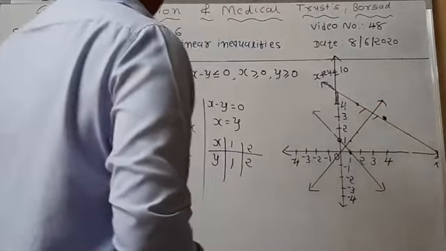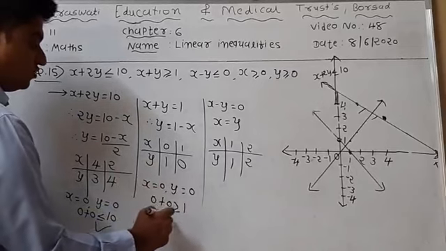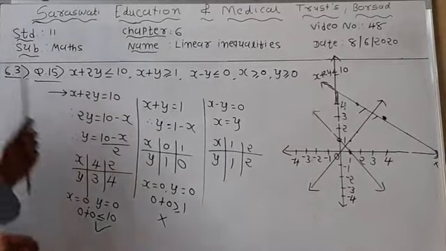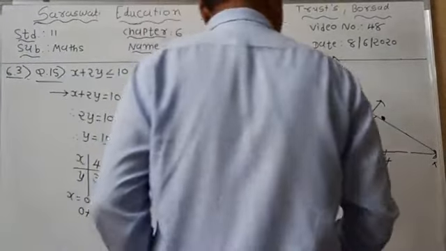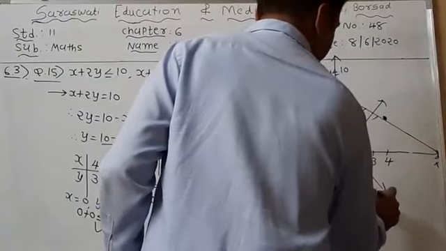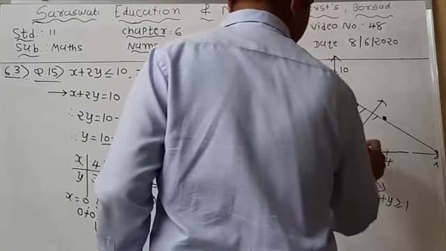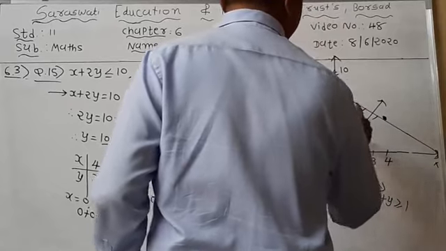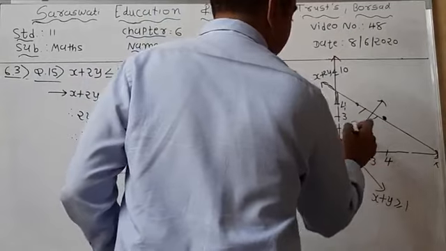Now in the second equation, with x 0 and y 0: 0 plus 0 greater than or equal to 1. This condition is wrong, so again x plus y greater than or equal to 1 leaves our shaded portion on this side, this side or this side.